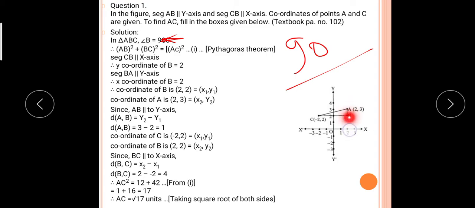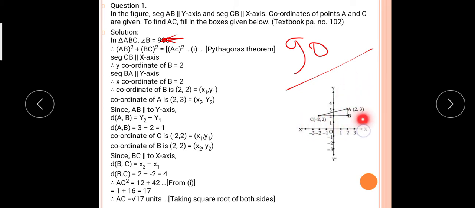The distance AB is y2 minus y1, because AB is parallel to the y-axis. Its x-coordinate is the same, therefore its distance is equal to the difference between the y-coordinates.